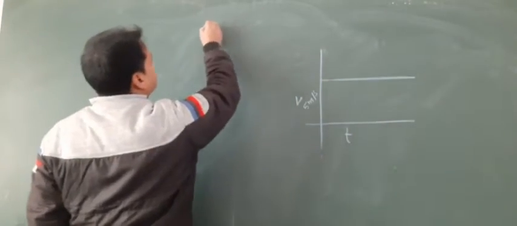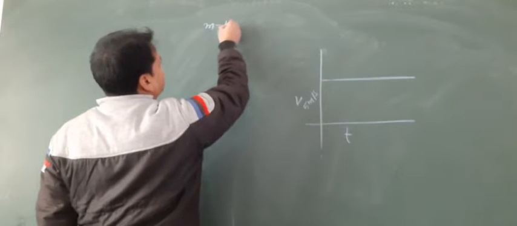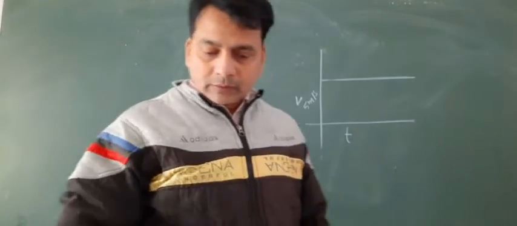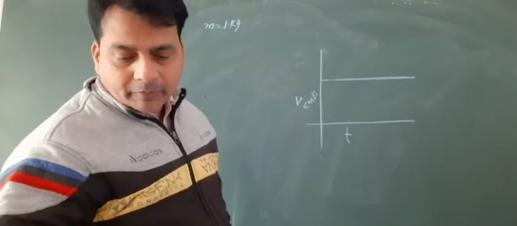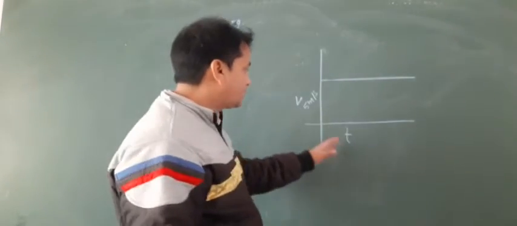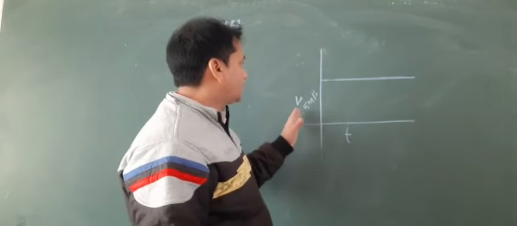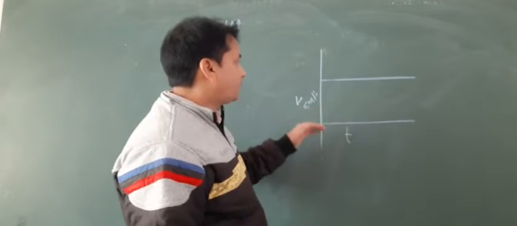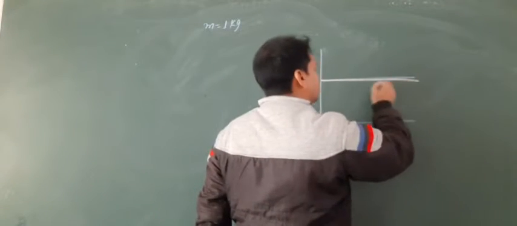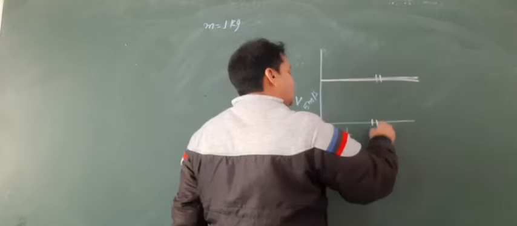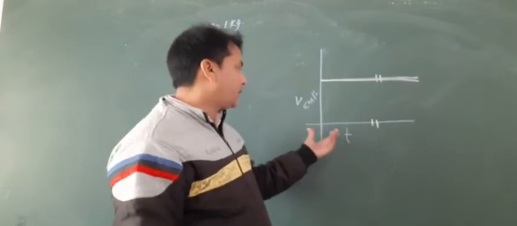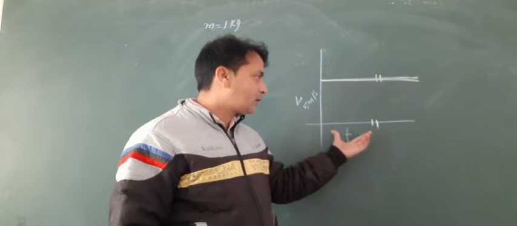Mass of the object m equal to 1 kg. In this question: is any force acting on the body? Justify your answer. The velocity time graph is given here, and this graph is parallel to the time axis. The velocity is represented vertically, and the time is represented horizontally.